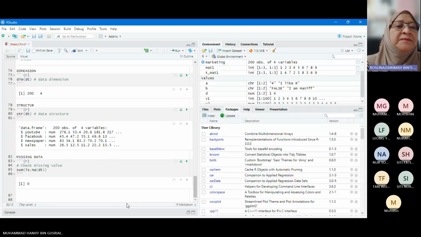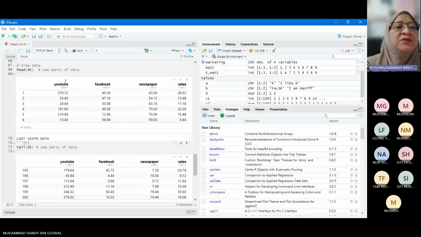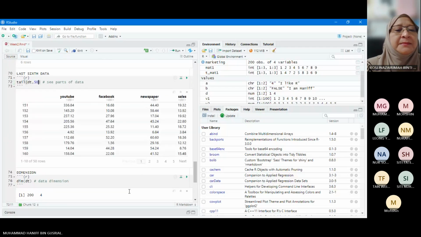Okay, for the head and tail, can you go further up? Instead of looking at the default 6, you can control it by putting a comma beside DT, head DT comma, on line 68. Let's say you put 50. Then go to the next row.